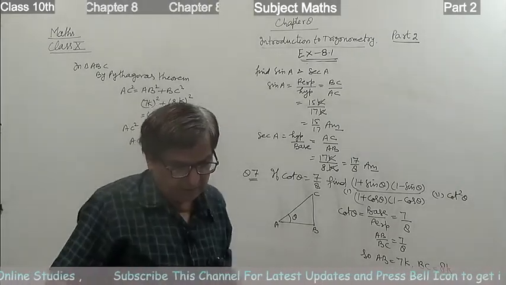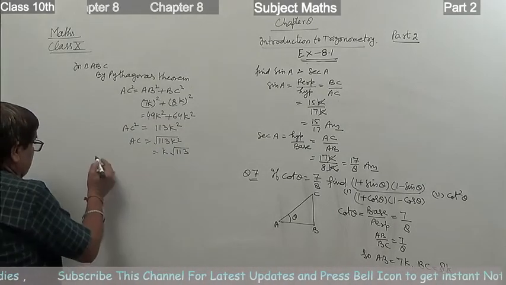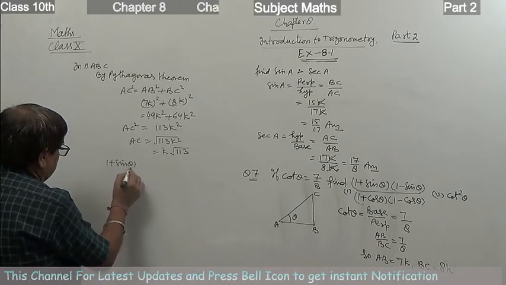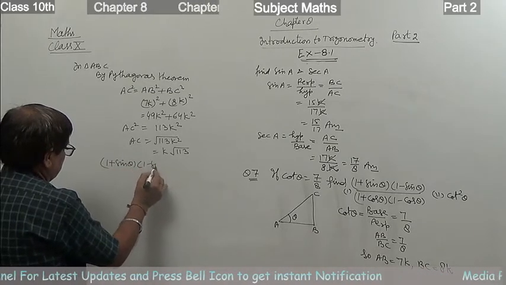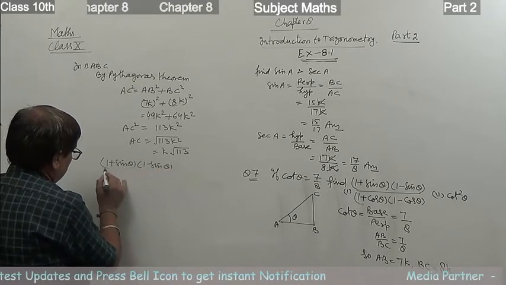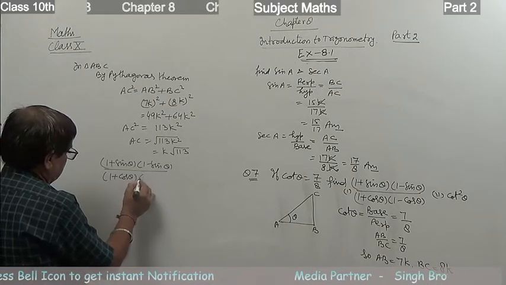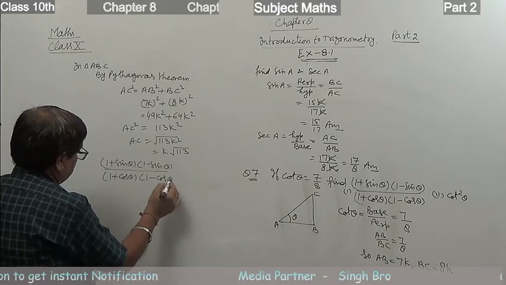Find out the value of (1 plus sin theta)(1 minus sin theta) upon (1 plus cos theta)(1 minus cos theta).